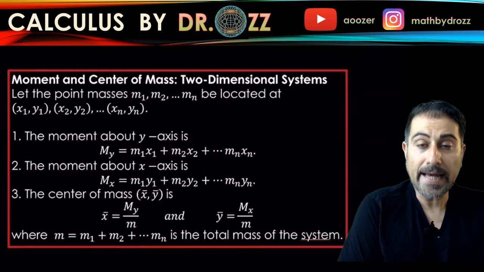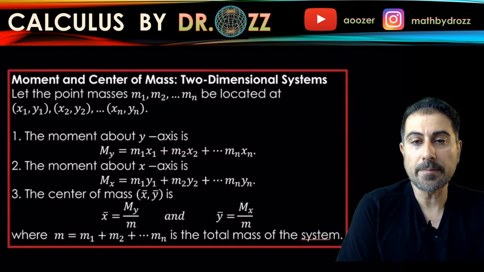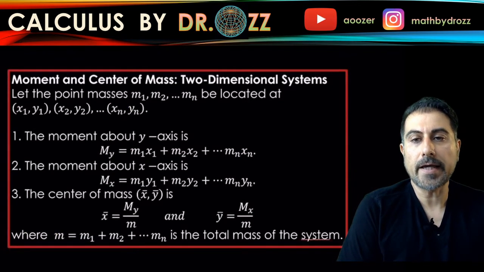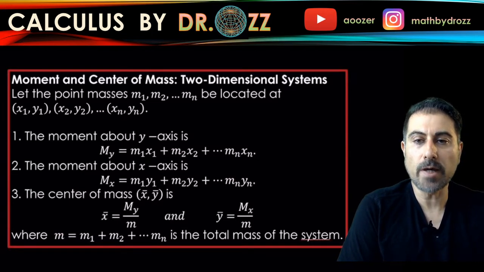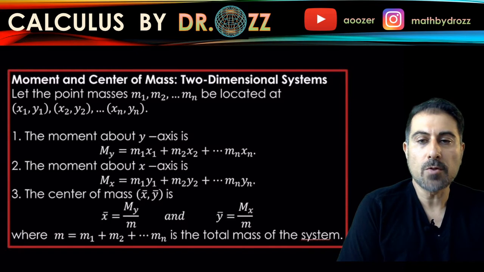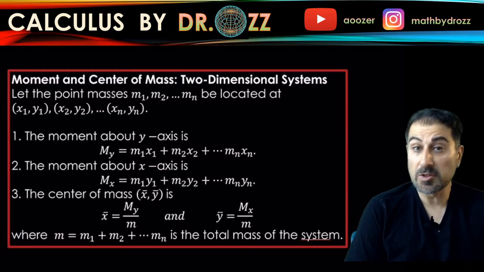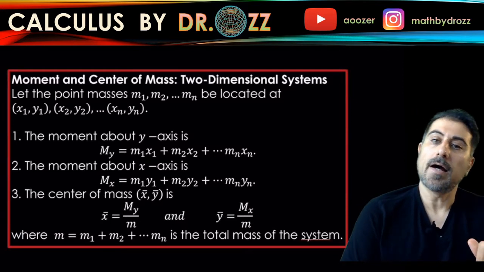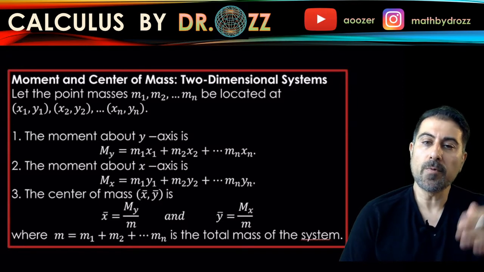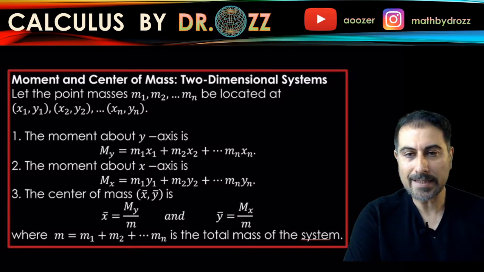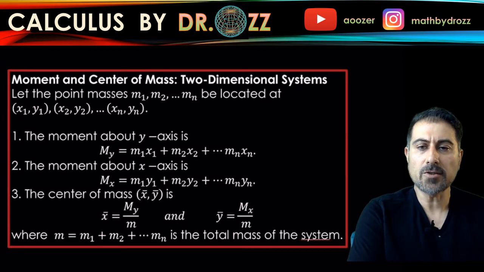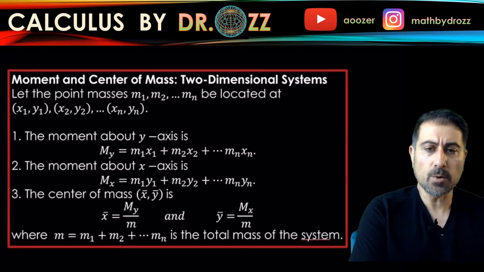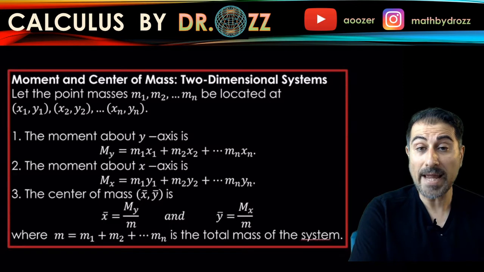If you have n masses like m1 through mn, located at x1, y1, x2, y2, all the way to xn, yn, you can find a moment about y-axis represented by m sub y as the summation of m1 x1 all the way to mn xn. And the moment about x-axis is the summation of m1 y1 all the way to mn yn.